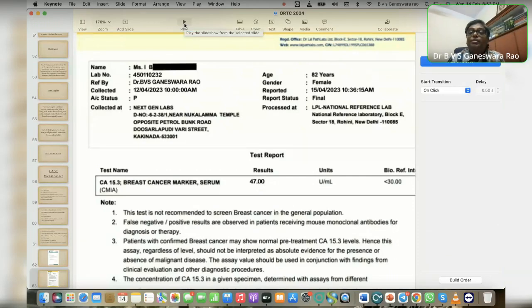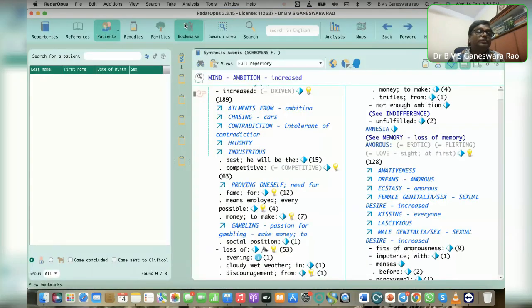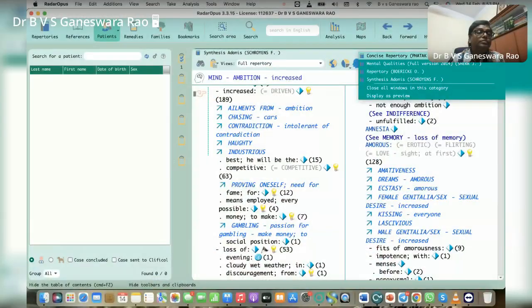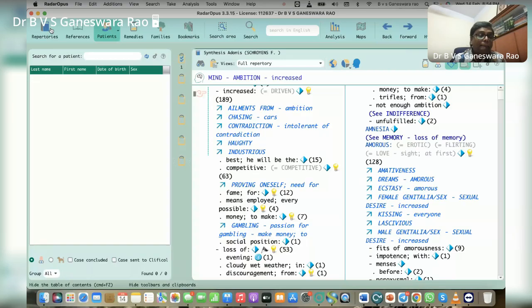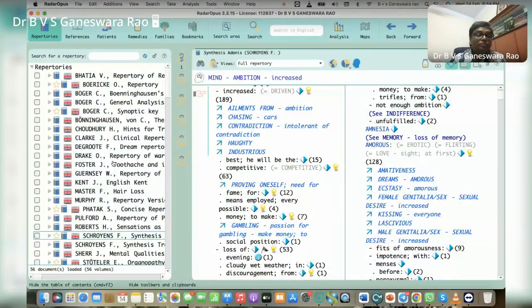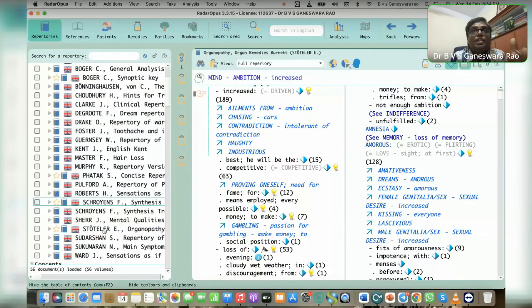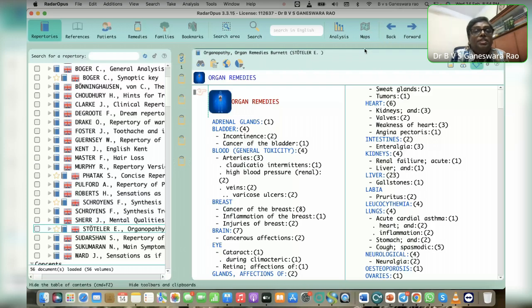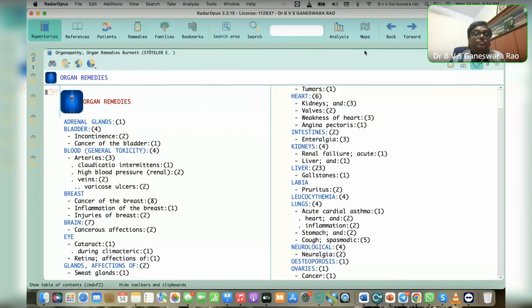Organopathic remedies are based on Burnett's indications. If you study Burnett's cases about malignancy, you will get much better information. They might be very helpful to you to deal with these types of cases.